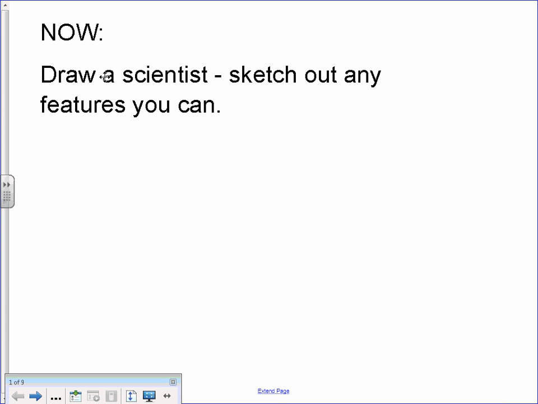It doesn't have to be pretty. My instructions are sketch a scientist. Whatever you think a scientist looks like, smells like, acts like, whatever. It's just more for you. I'm just going to look over your shoulder.